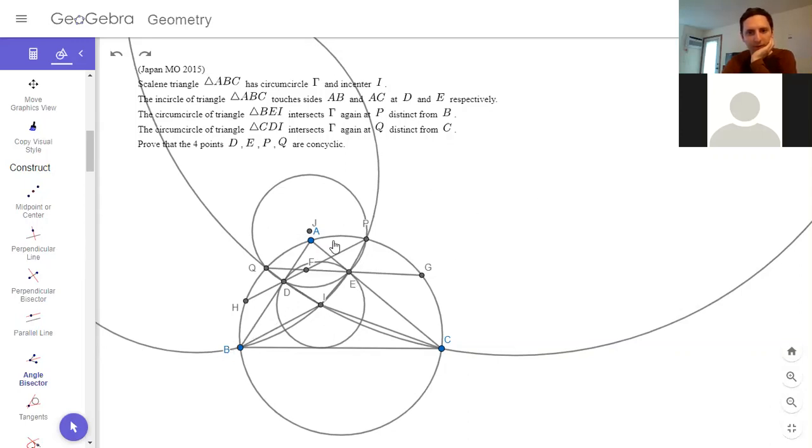So BPE would be half of alpha minus gamma. Yeah, exactly what you're saying.